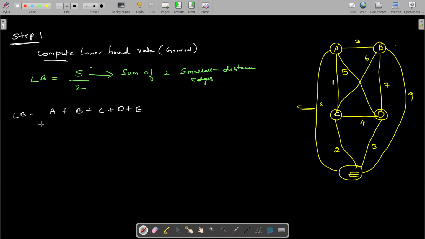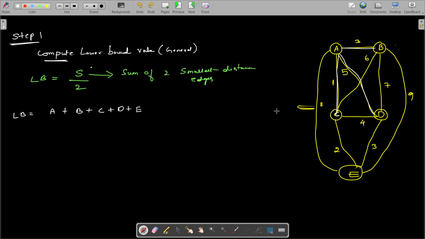From A, please observe properly: there are edges from A to B, A to D, A to C, and A to E. These are the edges we have.